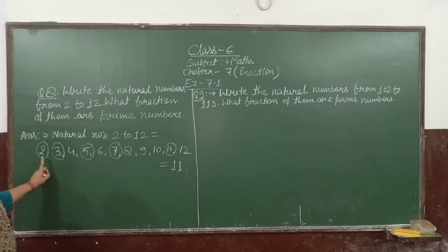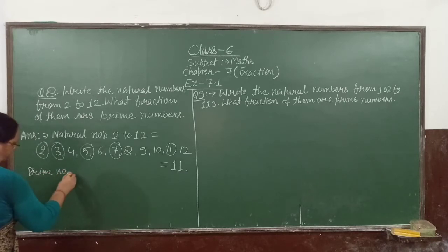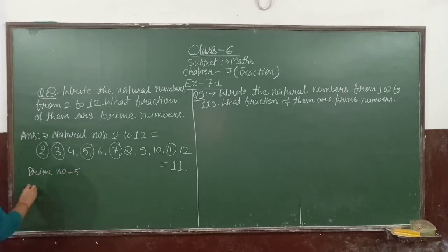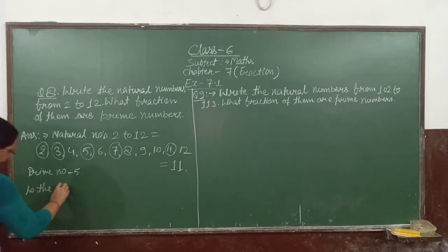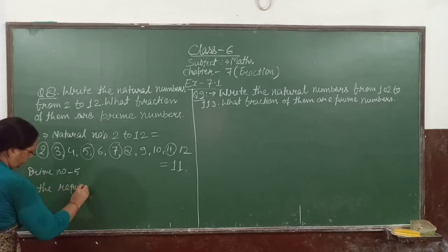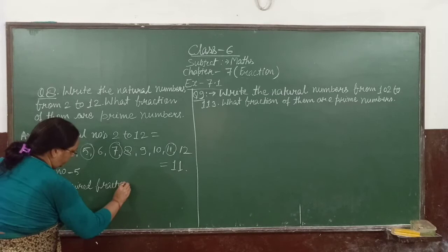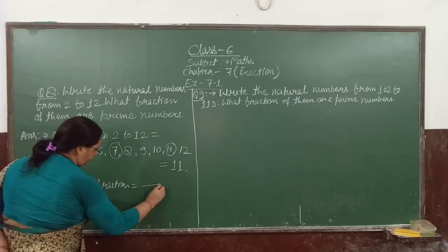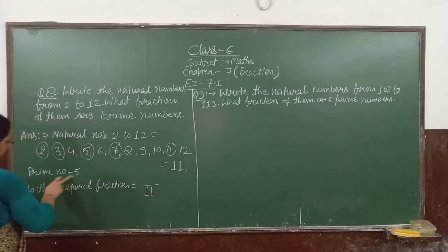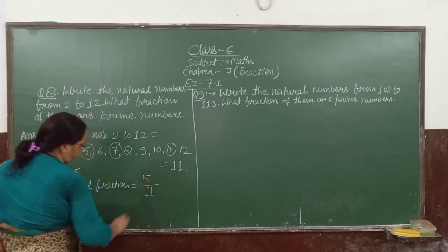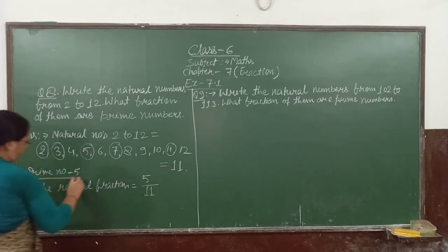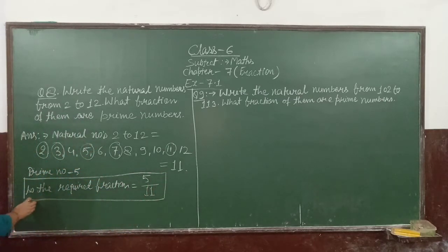How many prime numbers are there? 1, 2, 3, 4, 5. The count of prime numbers is 5. So the required fraction is equal to: whole is 11 and part is 5. So your required answer is 5 upon 11.